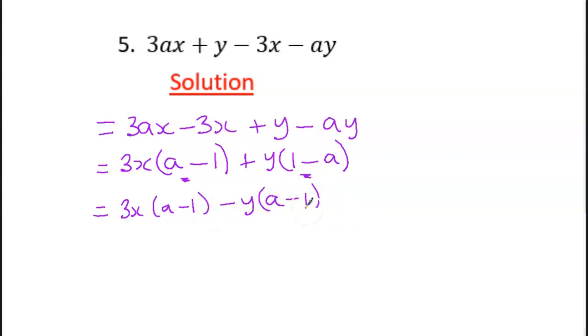Now when you multiply, you still get the same thing. So you have a minus 1 out, times 3x minus y. That becomes your answer. So care must be taken when you are using this method. Sometimes you need to rewrite the expression to suit. This is a typical case. Because this term is not the same as that, you can rewrite it in such a way that they will be the same.